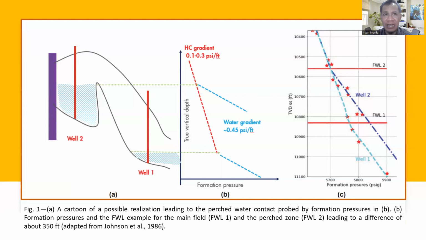As an example, where such a perched contact is observed, I think I use the Fulmar field in the central North Sea, where a significant difference in the free water level between different regions of the field was identified, impacting the understanding of hydrocarbon distribution. In general, perching is expected to be more pronounced in lower quality rock formations.